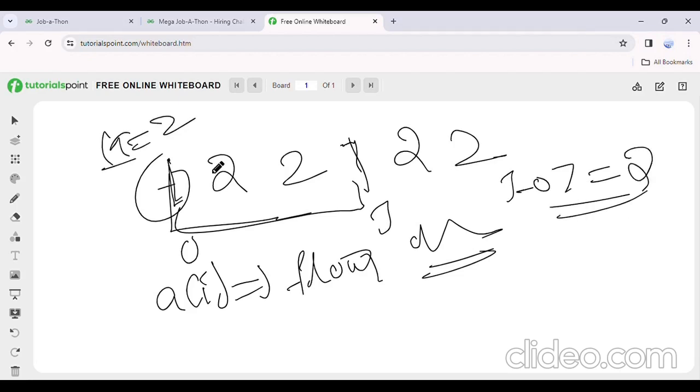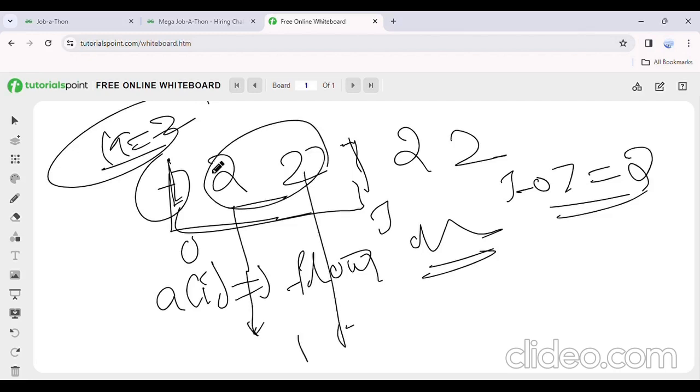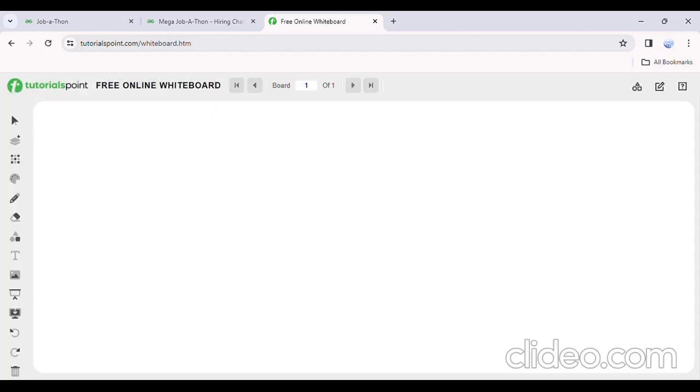It varies according to the question. These two are not applicable because this index is 1, this index is 2, and 2 minus 1 is 1, so this is not valid. If you pick these two, it is also applicable and valid.